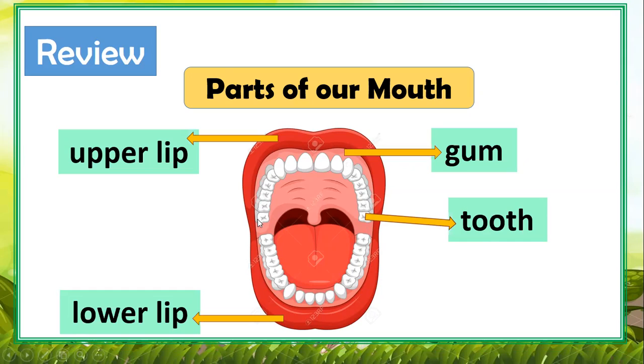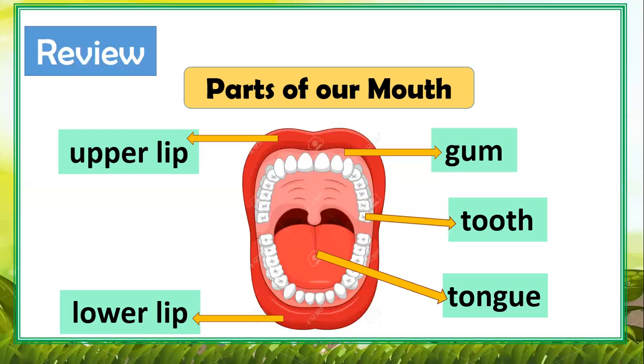If it is more than one, we say teeth. All right. And the last part is... very good. It is our tongue. Now that you've completely understood the parts of our mouth, let's proceed to our lesson.